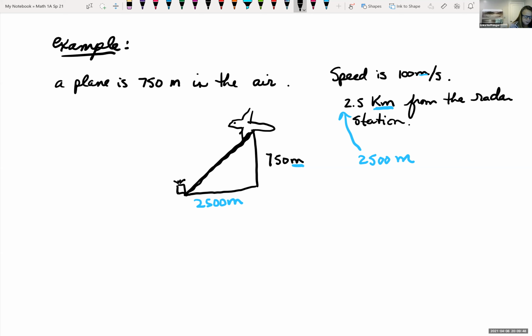So let's label the hypotenuse. Maybe we can call it z. We can figure out what this initial distance is by using our Pythagorean theorem. So we know that z squared is equal to 2,500 squared plus 750 squared.